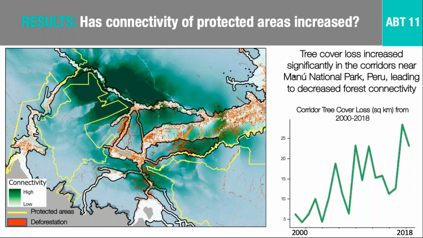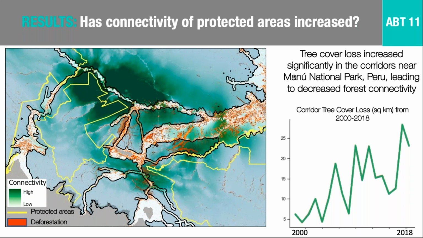And what we see is that in the early 2000s in the graph, annual deforestation was around 5 to 10 square kilometers within corridors between intact forest landscapes. And then by 2018, that had increased to anywhere from 20 to 25 square kilometers per year.